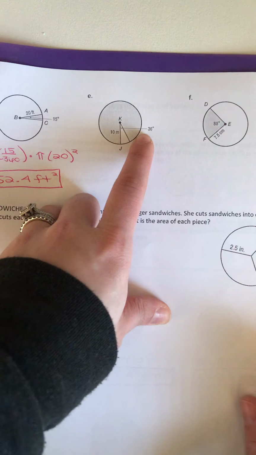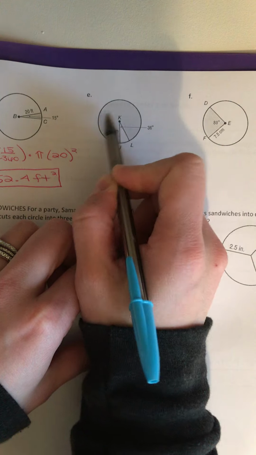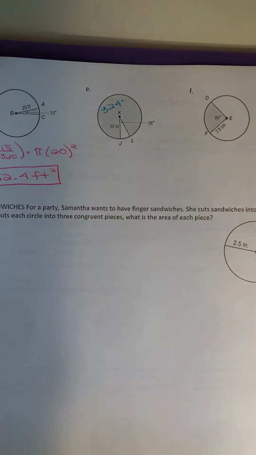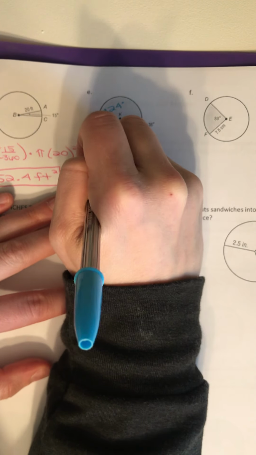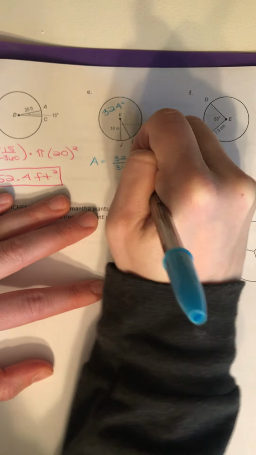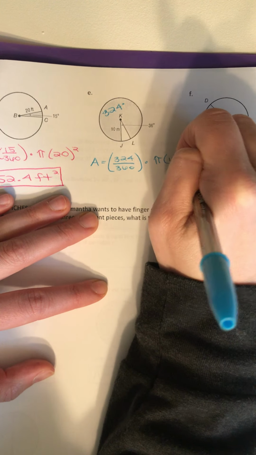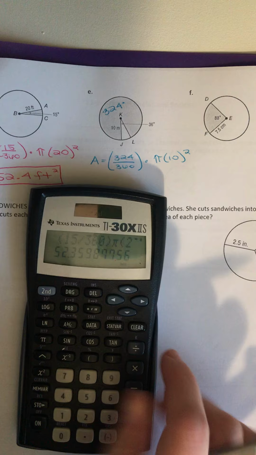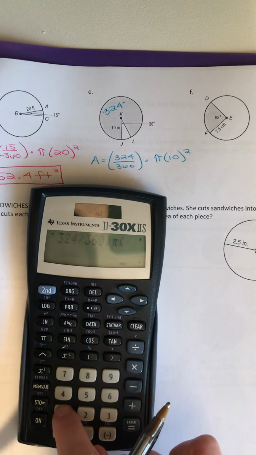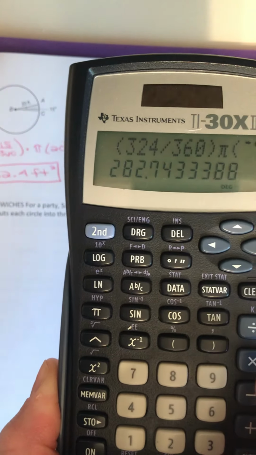Again, they give you the unshaded. So if it's 36, I'm going to do 360 minus 36 to get the whole thing. And the whole thing will be 324. So 324 is the number I'm going to use. And I get 282.7.